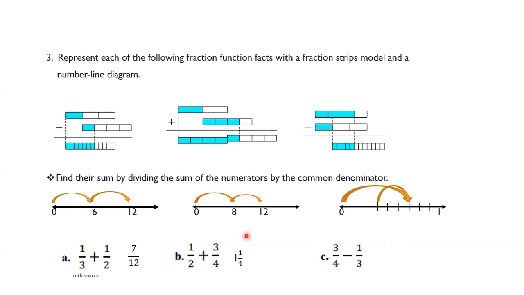And there it is. The next one you are going to be subtracting. So it's going to be 3/4: 1, 2, 3, 4, and only 3 highlighted. That represents 3/4, minus 1, 2, 3, and only 1 highlighted, 1/3.